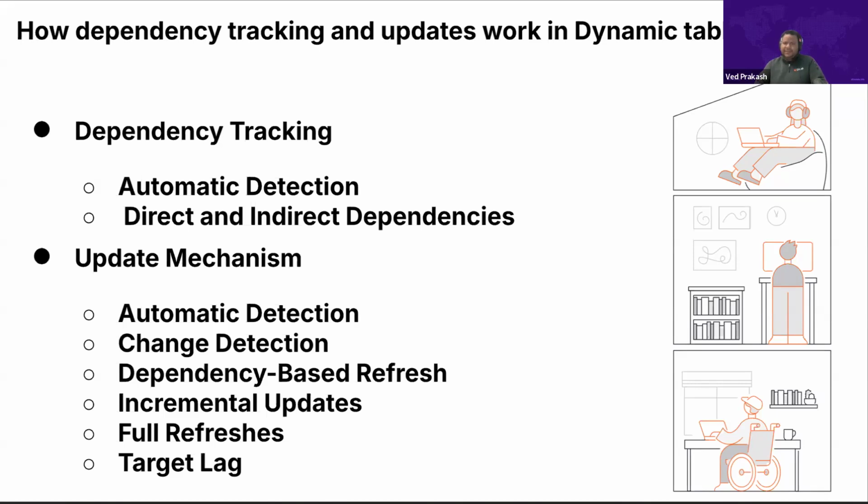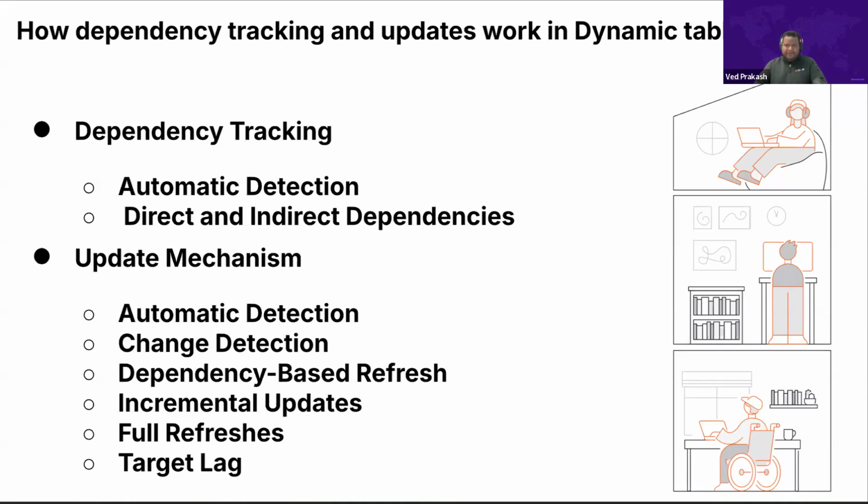It uses various techniques to detect these changes efficiently, often leveraging its internal metadata and change tracking mechanism. Then a dependency-based refresh. When a change is detected in a source table, Snowflake triggers a refresh for all the dynamic tables that depend on it, directly or indirectly.